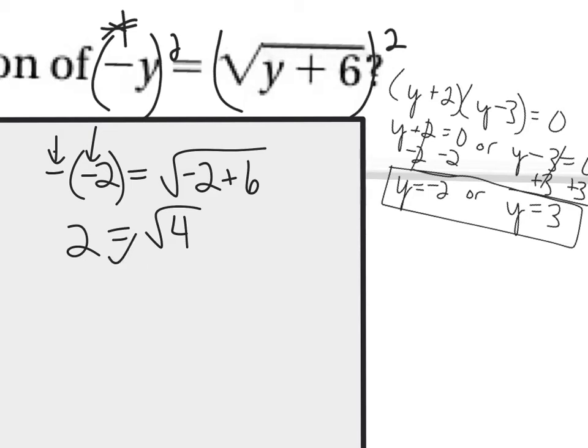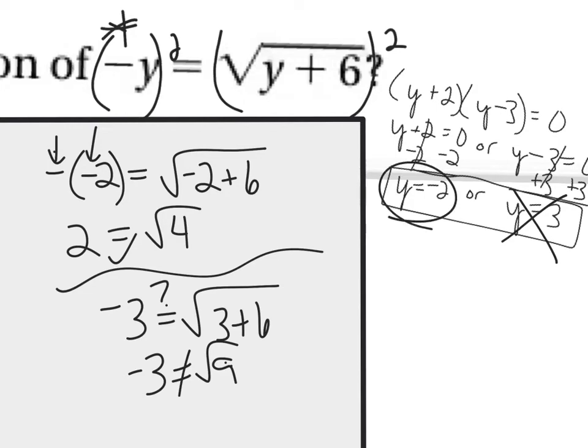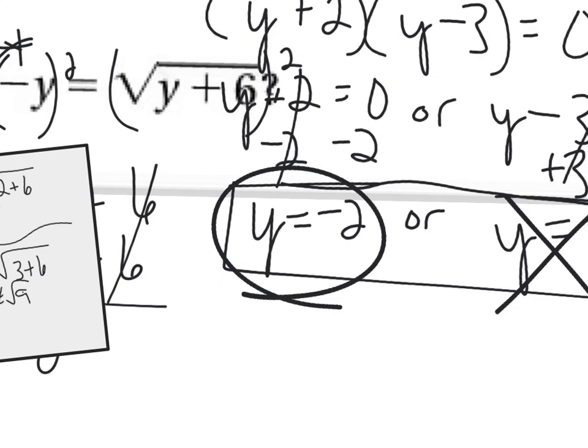What that should mean, since we created this y squared that wasn't there before, it should mean that this other one doesn't work. And we can see negative 3 is not equal to the square root of 9. That should be a positive 3, not negative 3, so that doesn't work. So what you can do then is just cross out the y equals 3, and then we can just circle y equals negative 2 as our answer.